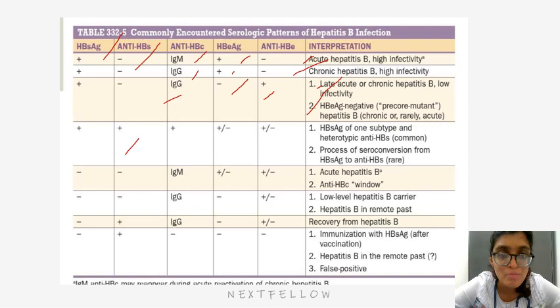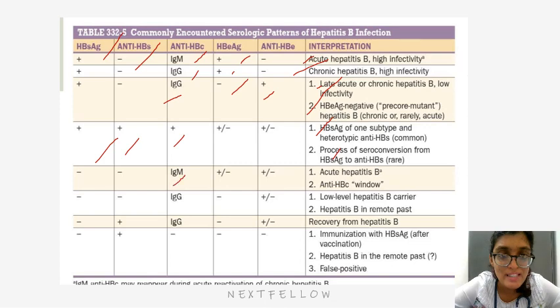If HBsAg is positive, anti-HBs is positive, and anti-HBc is positive, then HBsAg of one subtype and heterotypic anti-HBs is common. The process of seroconversion from HBsAg to anti-HBs is rare.